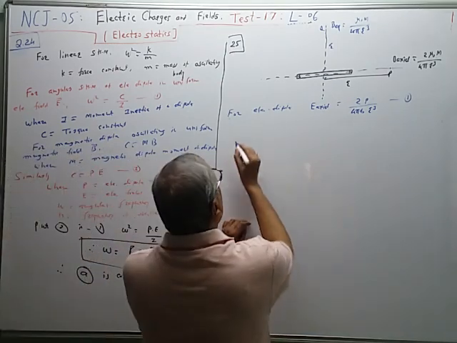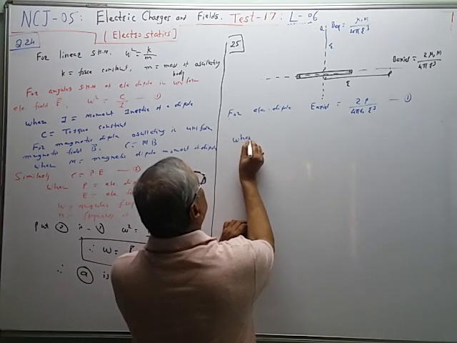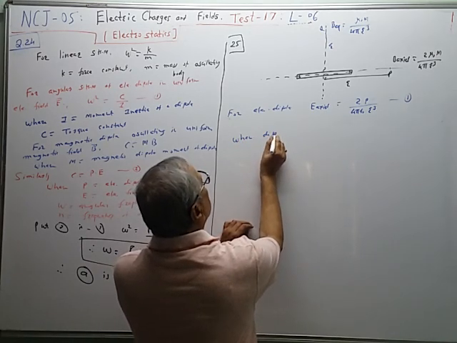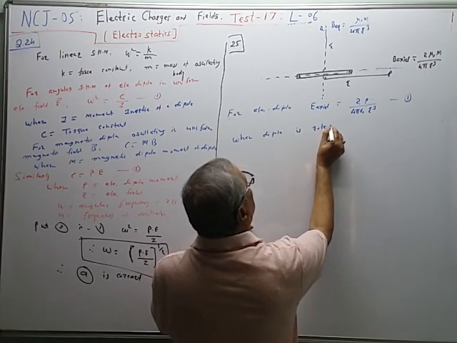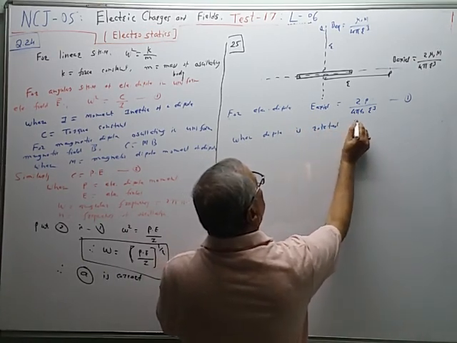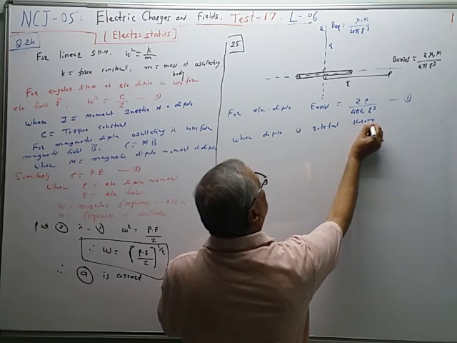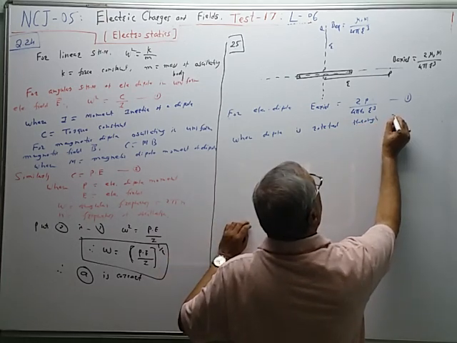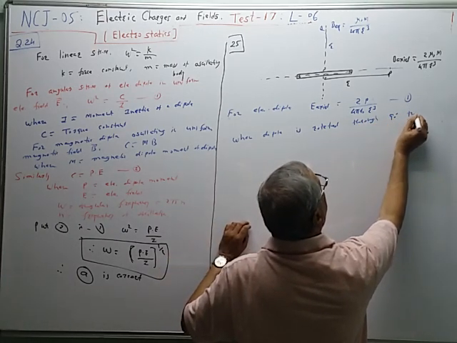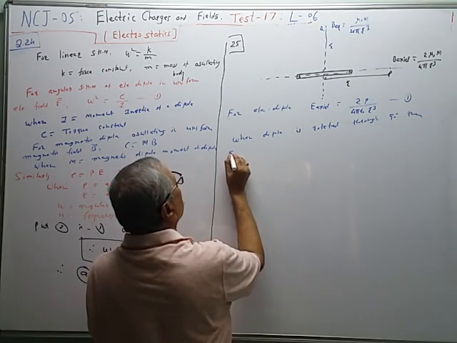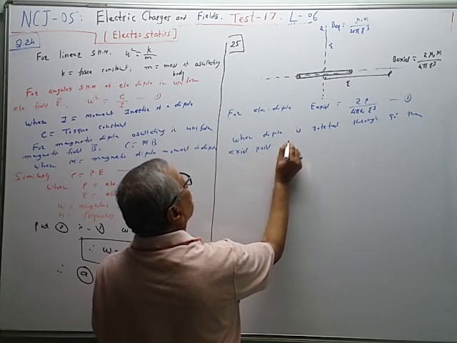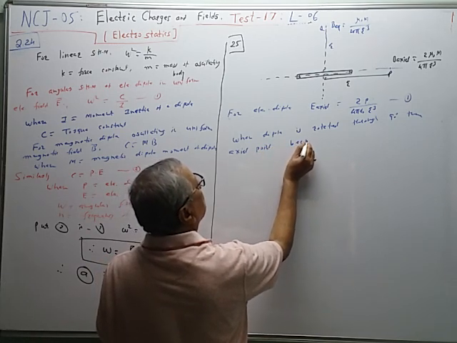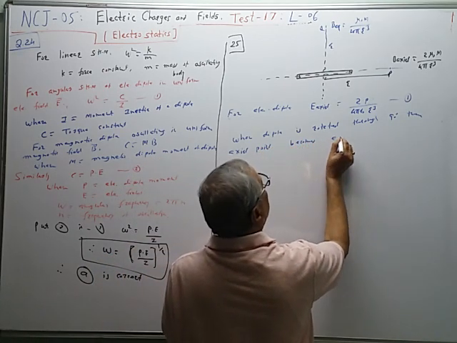That is, when dipole is rotated through 90 degree, then axial point becomes equatorial point.